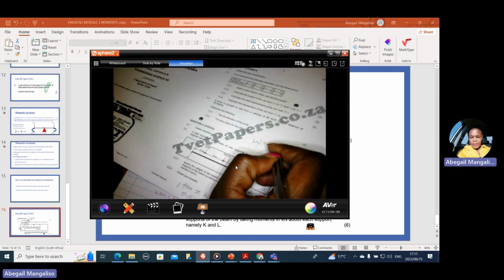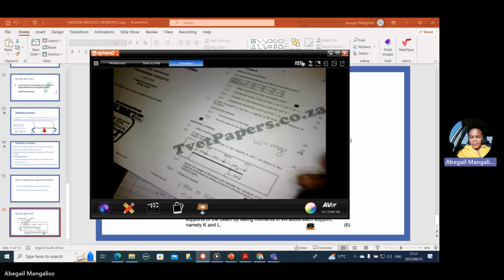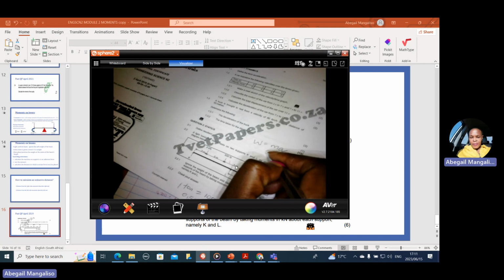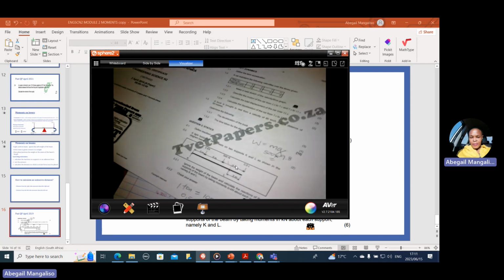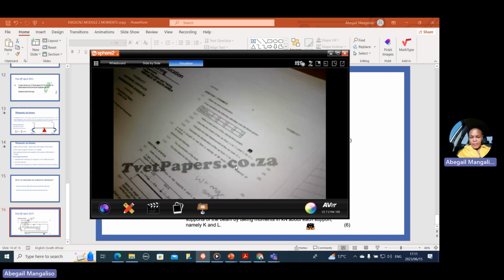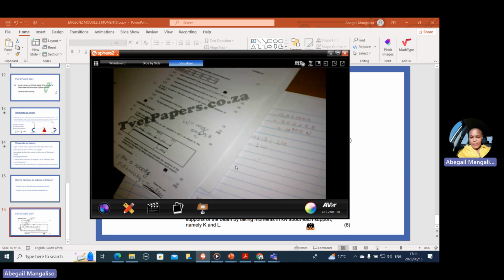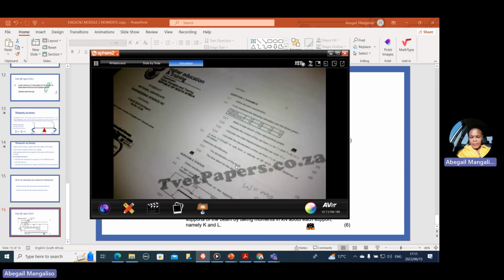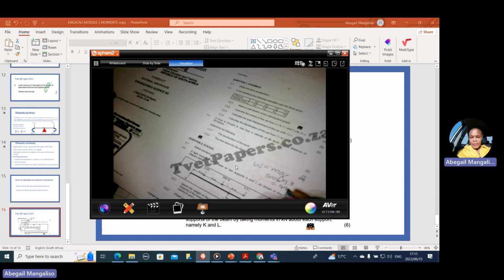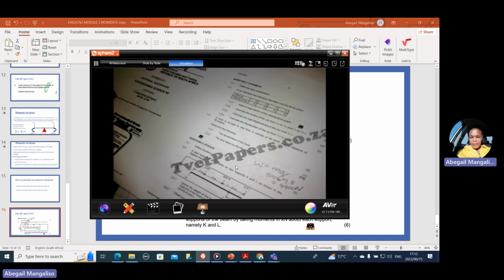So m is 500 multiplied by 9.8, and you use your calculator to get the answer, which is 4900 newtons.